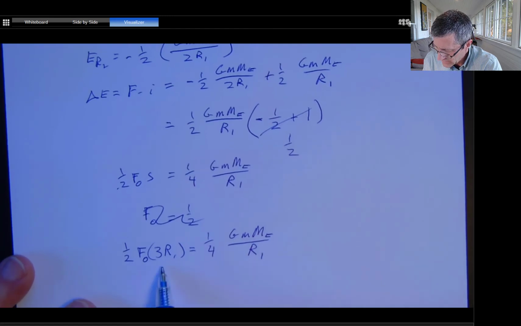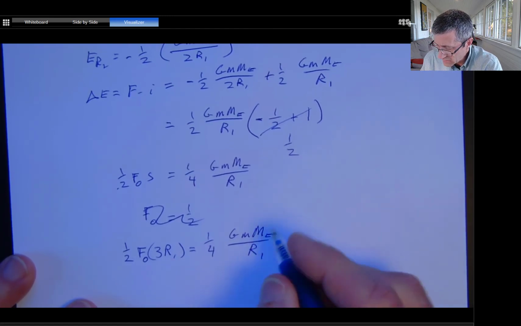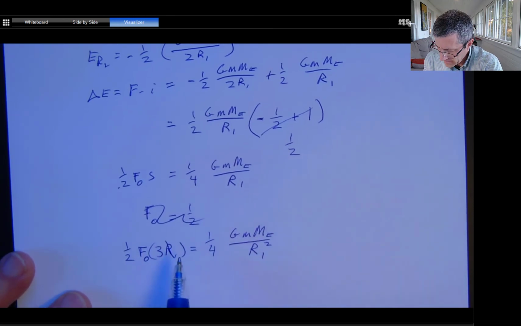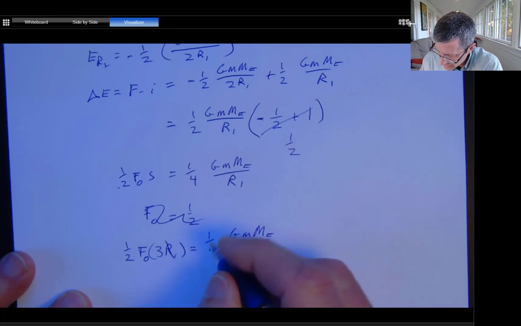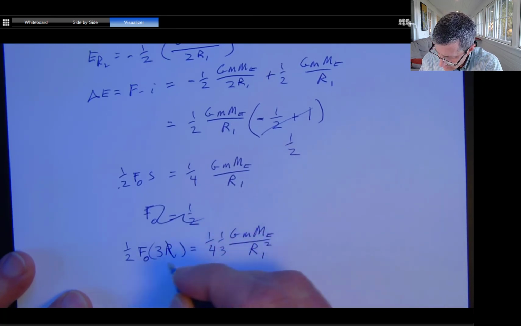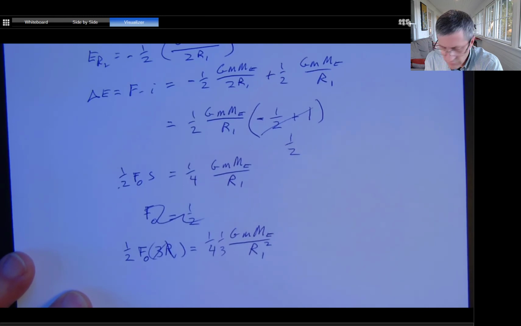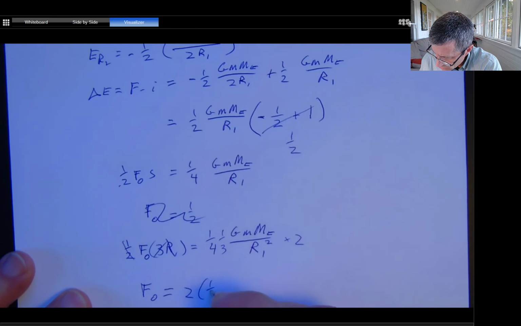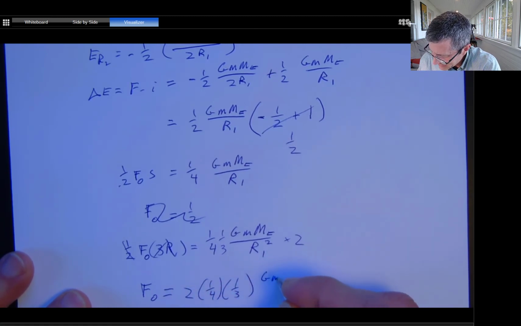I divide both sides by R1, which means now this becomes squared. I divide both sides by 3, so I have 1/3, and multiply both sides by 2. So F naught equals 2 times 1/4 times 1/3 times G M E over R1 squared.